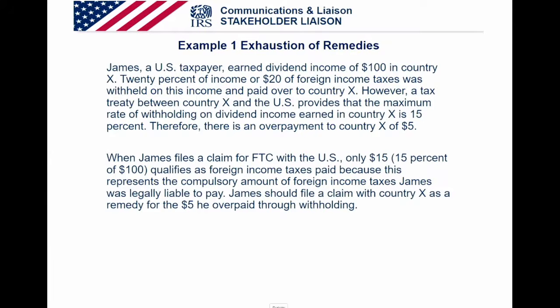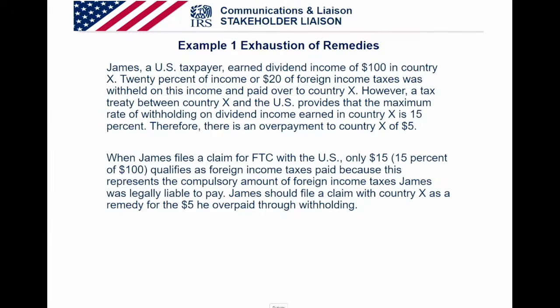If the IRS were to allow FTCs without requiring U.S. taxpayers to reduce their foreign tax obligations to those legally imposed, taxpayers would have little incentive to challenge any foreign tax, whether or not properly imposed.